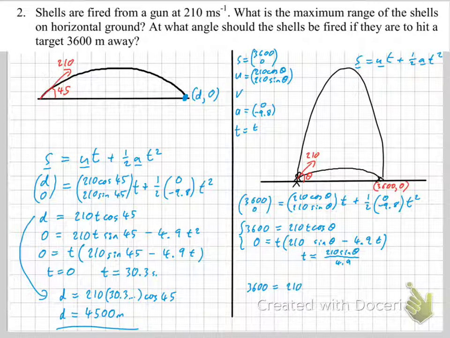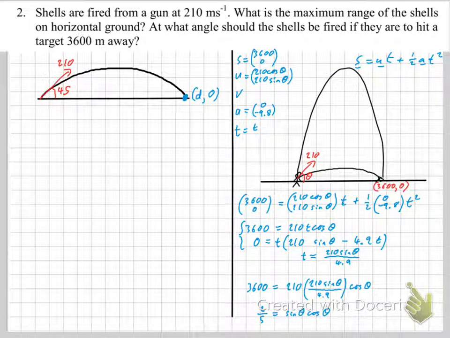So 3,600 is 210 t cos theta. And if you simplify that right-hand side and move that value, so basically we're dividing both sides by 210 squared and then multiplying by 4.9, we end up with this nice equation: 2/5 equals sine theta cos theta. How do we solve that?